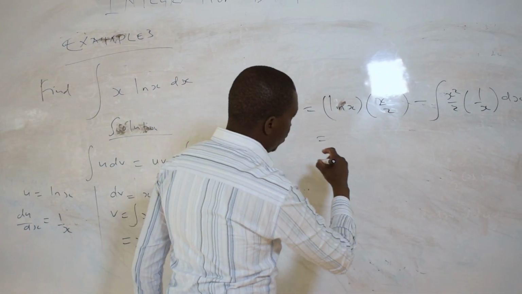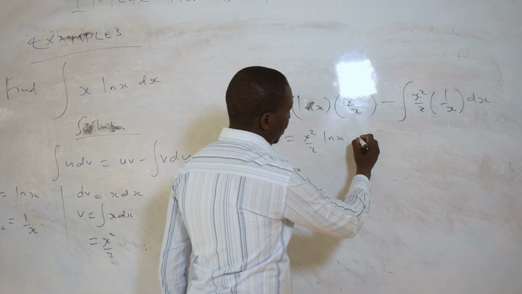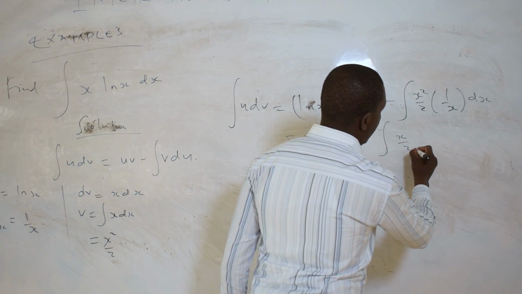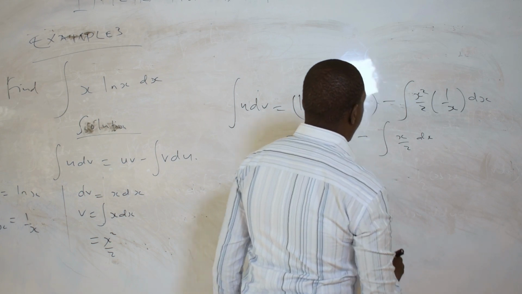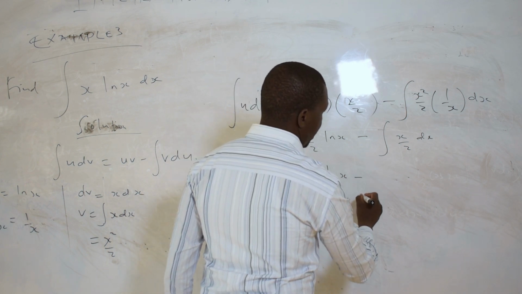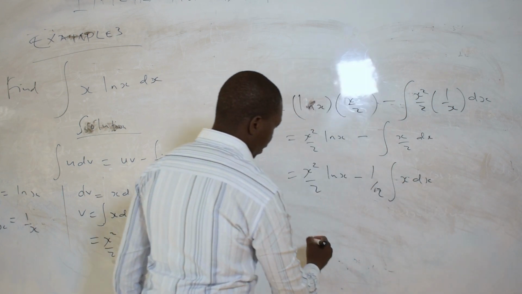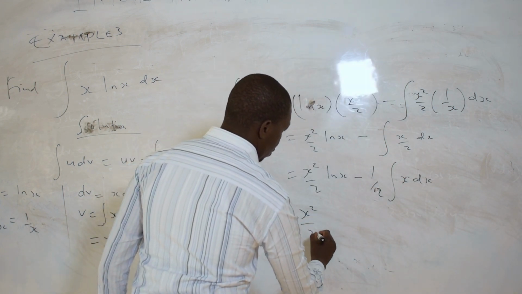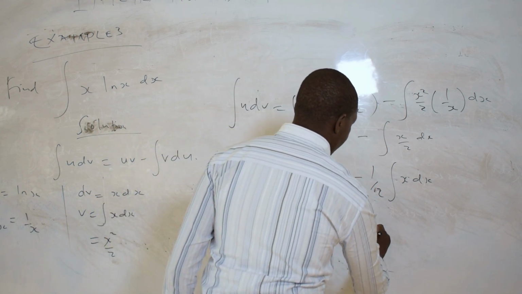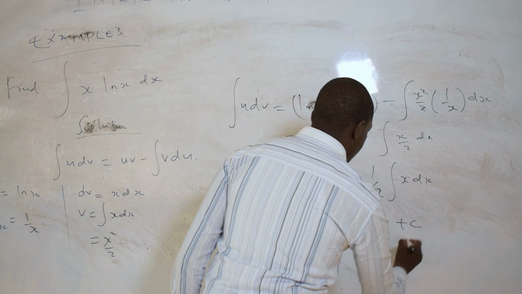Now this is the same as x squared over 2 natural log of x minus the integral of x over 2 dx, which again is the same as x squared over 2 natural log of x minus a half integral of x dx, which is equal to x squared over 2 natural log of x minus a half times x squared over 2, plus the constant term c.